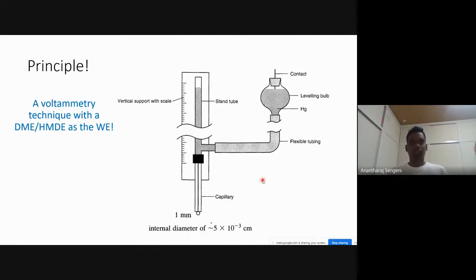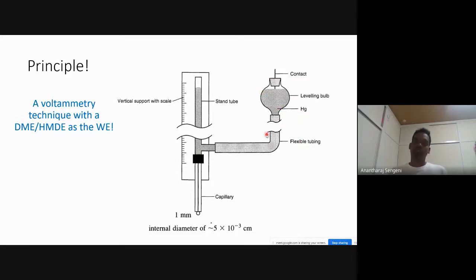Yeah. So what you see here is the standard diagram of a dropping mercury electrode, in which we have a tube connected to a capillary, and this tube is what is holding the mercury, and there is also the mercury reservoir kept in a mercury bulb.